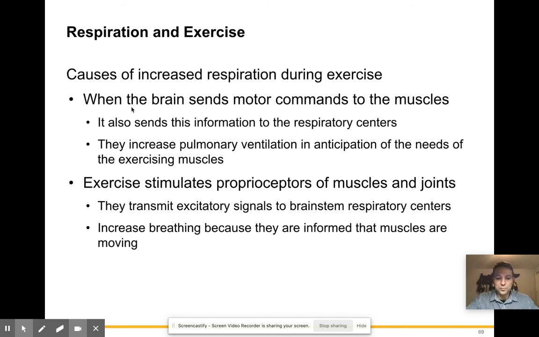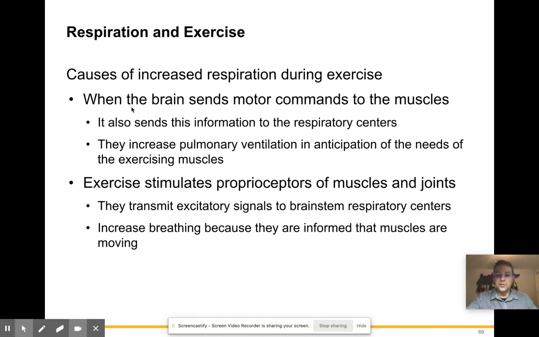So when your brain sends a command to a muscle, it's smart enough to also tell the respiratory system, listen, I just sent a motor impulse to this muscle. I'm just giving you a heads up because the increased muscle action is going to need an increased supply of oxygen, right?